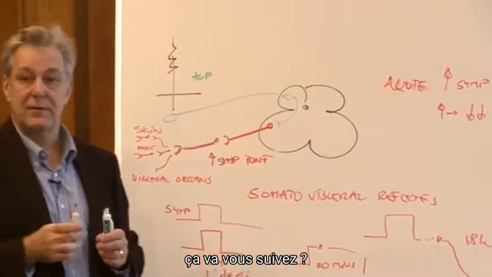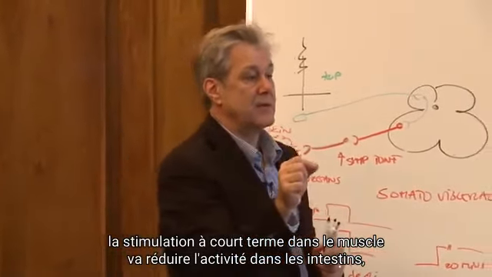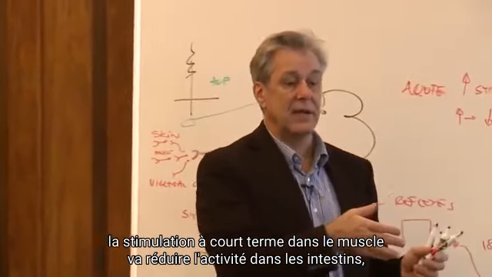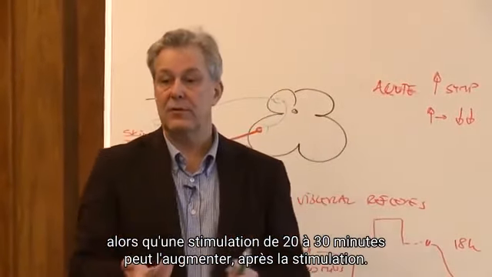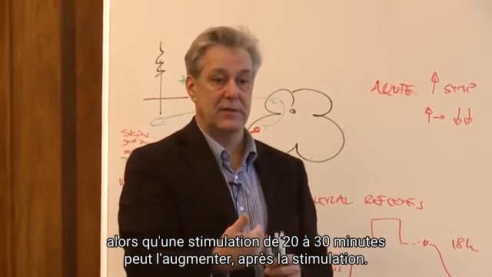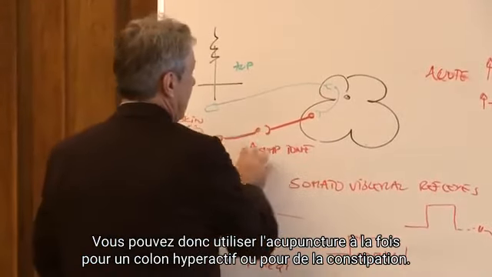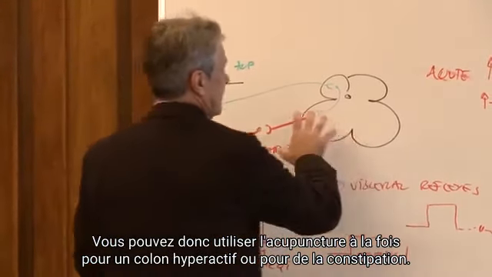Did you follow this? Okay. So in other words, short-term stimulation in the muscle may decrease activity in the gut, whereas stimulation for 20 or 30 minutes may increase it after the end of stimulation. So you can actually use it both for a hyperactive gut and for constipation, for example.